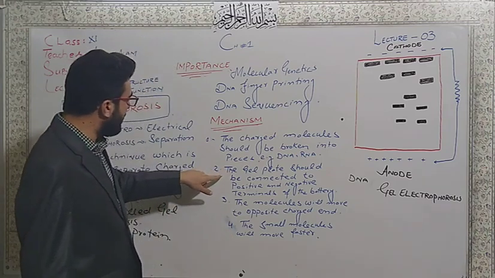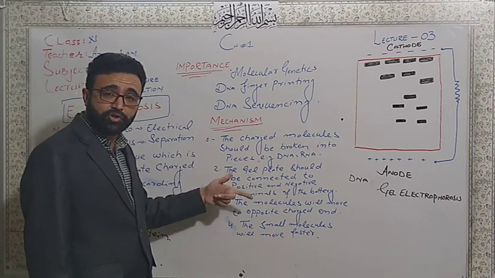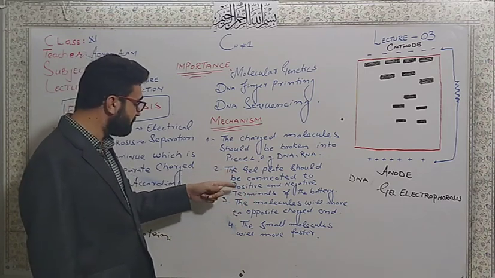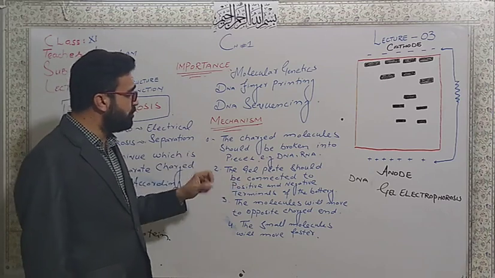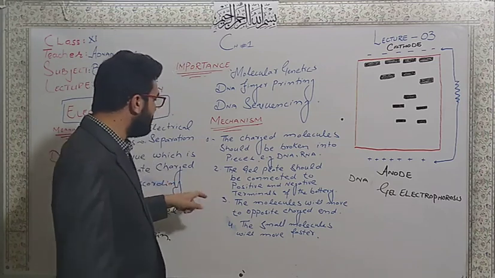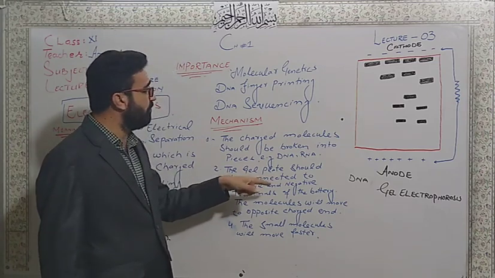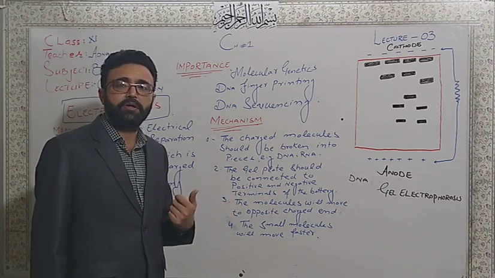Then we have to take a gel plate, in which we have agarose gel or polyacrylamide gel, and we have to connect this plate with two terminals of the battery, positive and negative. The molecules will move to the oppositely charged ends.